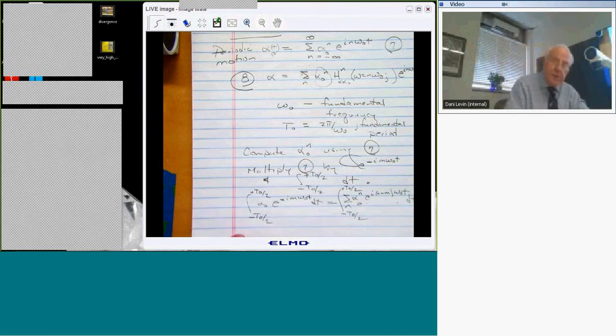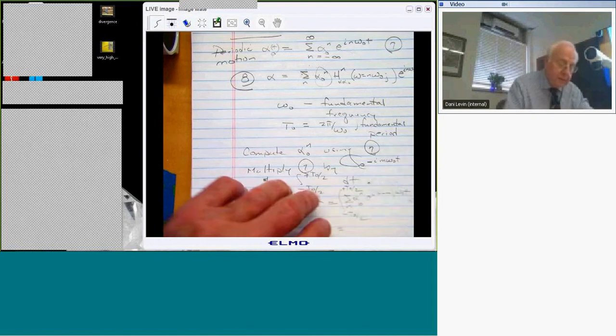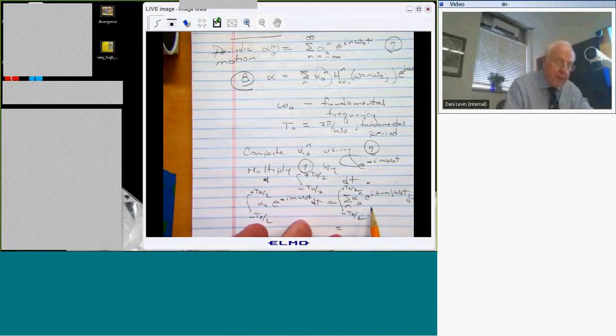Well, the right-hand side is obviously equal to, well, it turns out there's only one term that survives this operation, namely the case where n equals m. For any case where n does not equal m, this integral over time is 0. It's orthogonal. These exponentials are orthogonal. Okay.